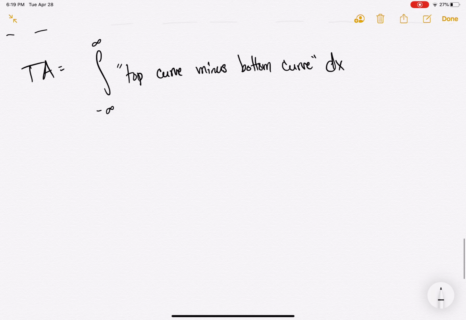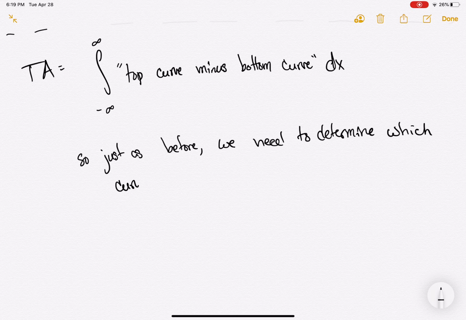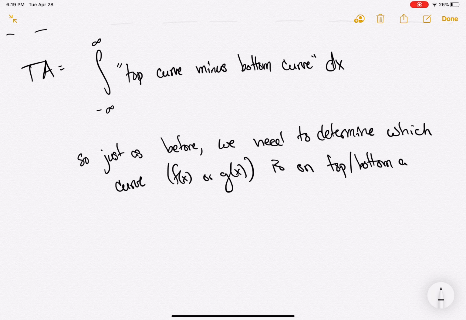So just as before, we just want to determine which curve, f of x or g of x, is on top versus bottom and where.